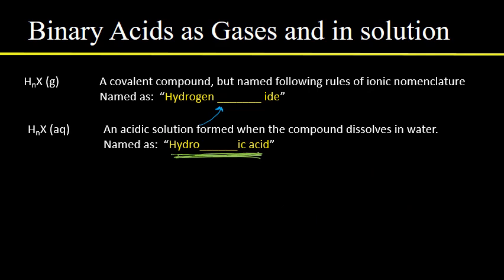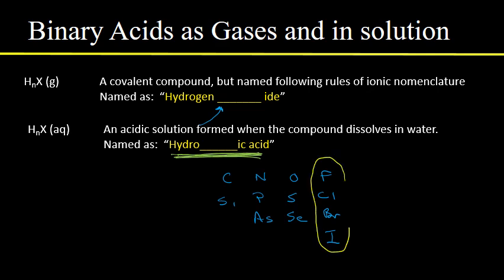And the reason is, if you look at the periodic table over there on the right-hand side, these guys over here, the halogens, they all form binary acids: hydrofluoric acid, hydrochloric acid, hydrobromic acid.